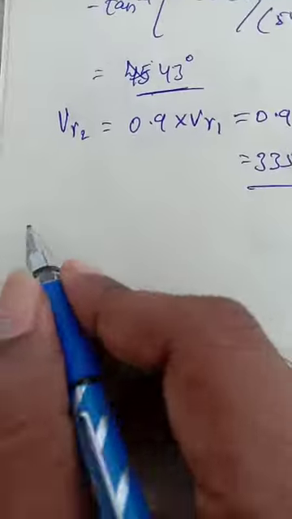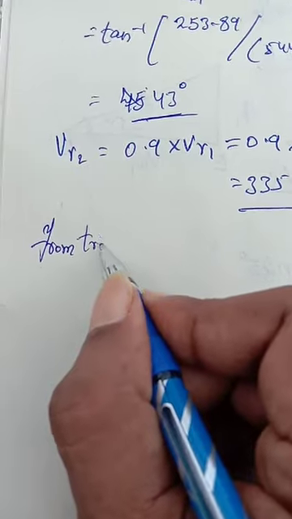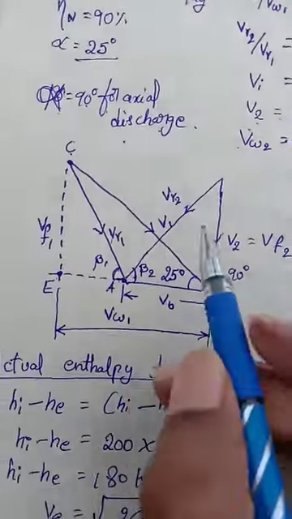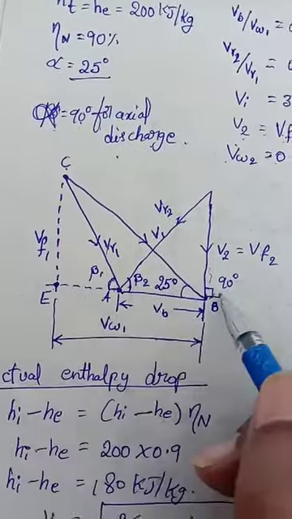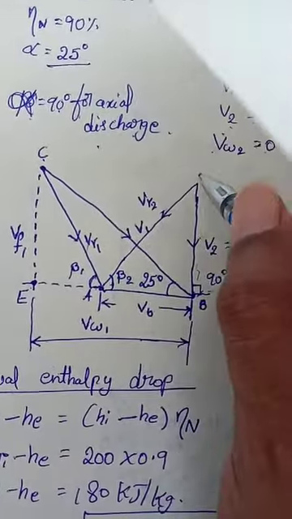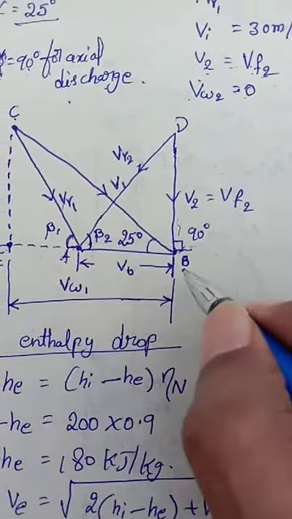Okay, now going for another triangle. Look at here, this triangle is over, this triangle is over. Now we are going to take this triangle, I put it here D. Okay, so ADB.